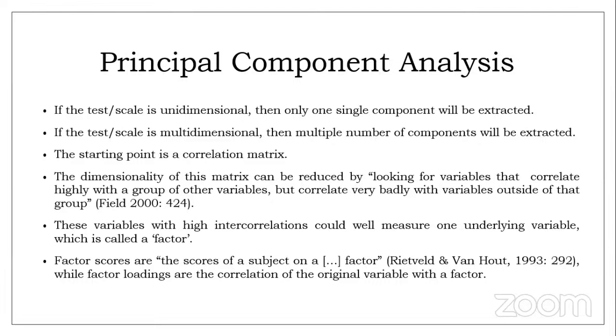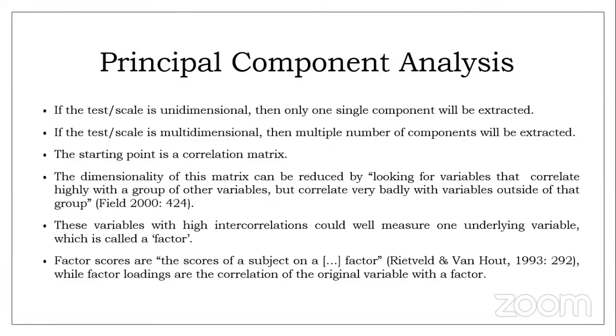Suppose we consider a particular construct such as intelligence, and we consider that intelligence is unidimensional. It means that intelligence cannot be broken down further into different components. It is just this one single component that we are measuring.